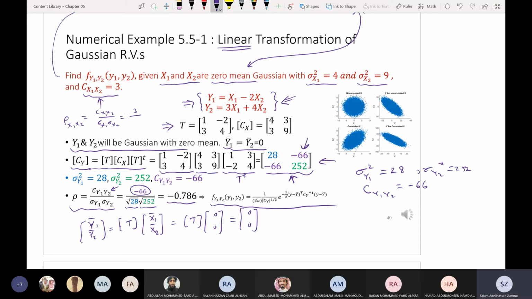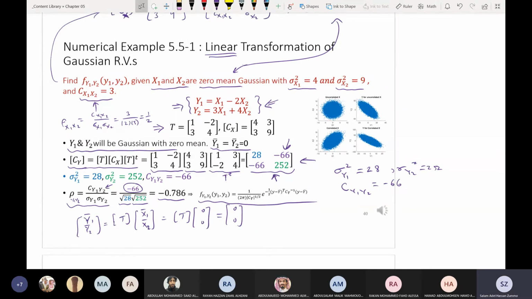So it's 3 over the square root of 3 times 6... yes, which is 6, so half. So the correlation between x1 and x2 was half, so it's positively correlated, whereas the correlation between y1 and y2 is minus 0.78. It's negatively correlated. And this is what the transformation did here.